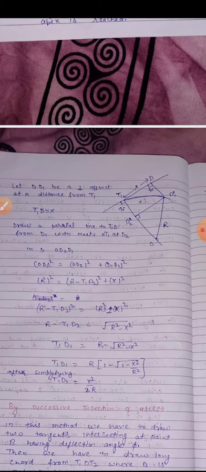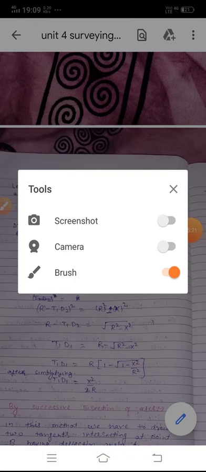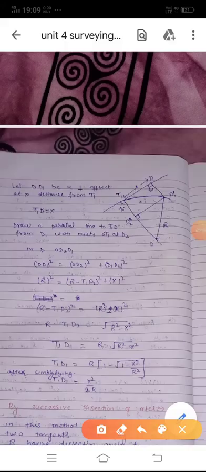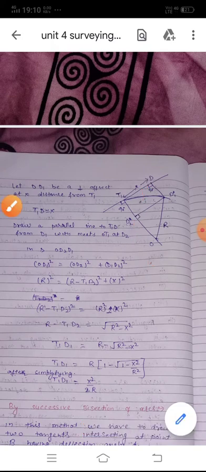Then in these steps, let d1 be the perpendicular offset at distance x from T1.